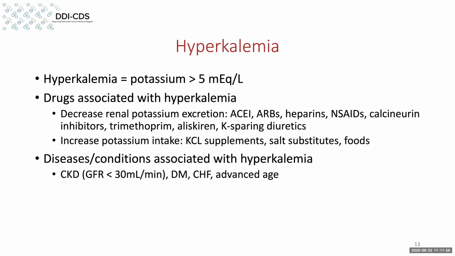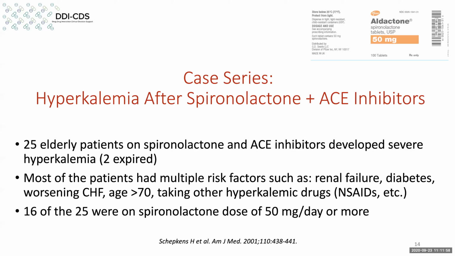Okay, let's go to the next slide and look at a couple of case series that have been published. These are not really large ones, but they are important because they had a fair number of patients who had significant elevations of potassium, and in fact, in some of these cases, patients actually died from it. So bullet number 2 is probably the one I really want you to focus on.